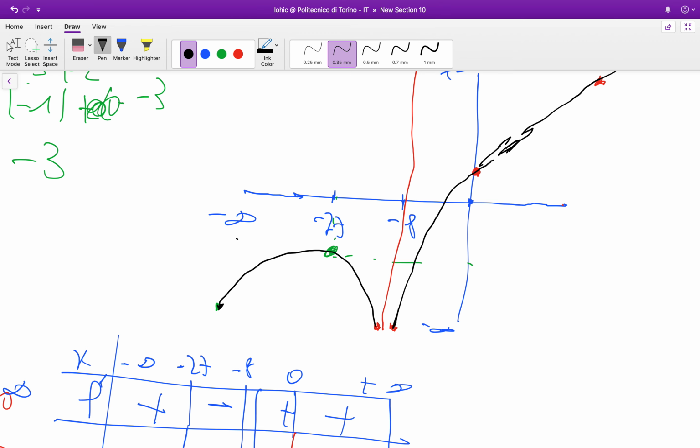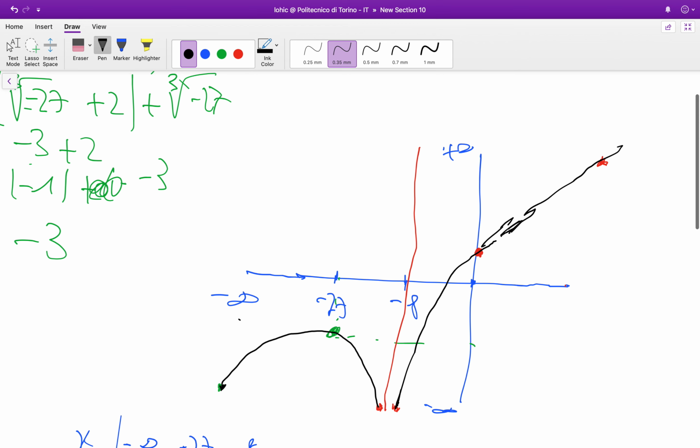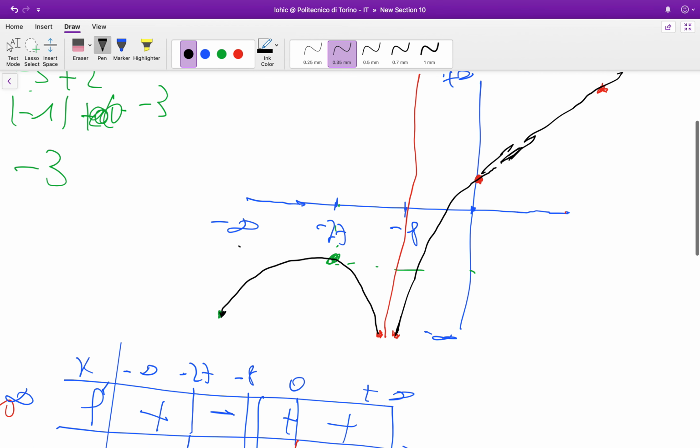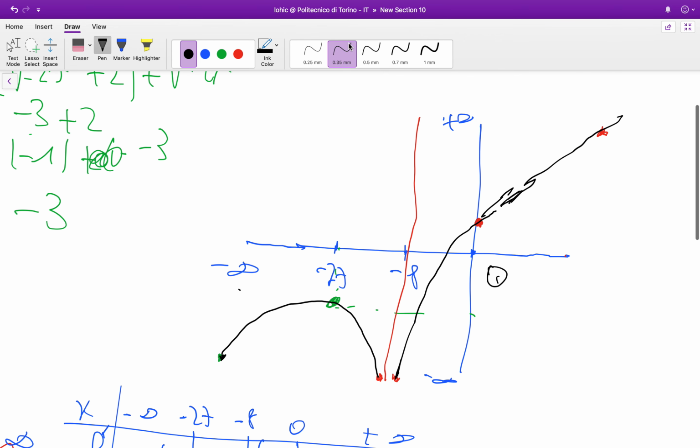Some questions, but probably there's something. We remember that this is 0. The function was not differentiable at 0. So here the graph should not be like this. This is not a big mistake, but you can lose some marks.